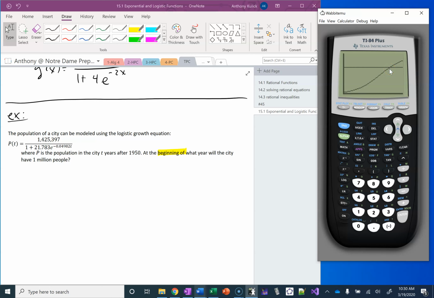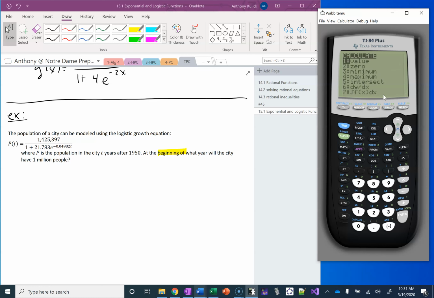So this is a good graph. Again, if you pick your window, all you need to be able to see is the intersection. It doesn't matter the rest of it. Now you're often going to be able to common sense out what a good window might look like. But if you have to take 2 or 3 tries to get that intersection, that's okay. All you really need is the intersection to happen.